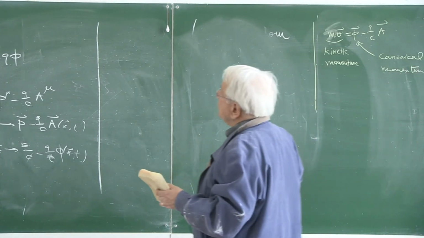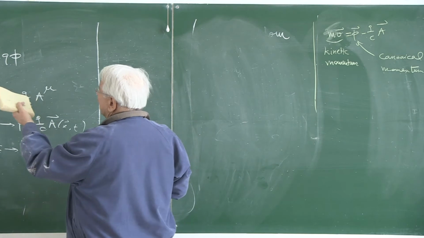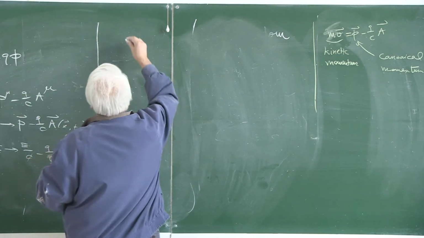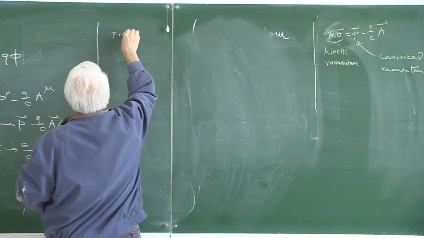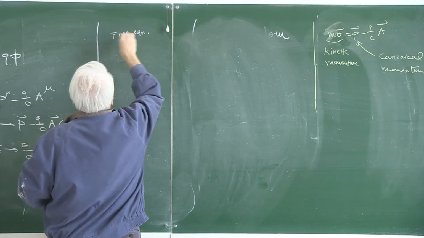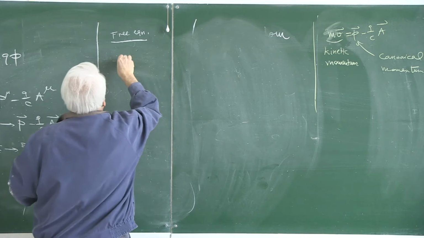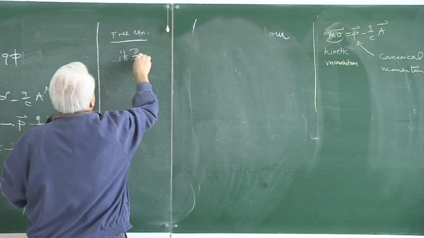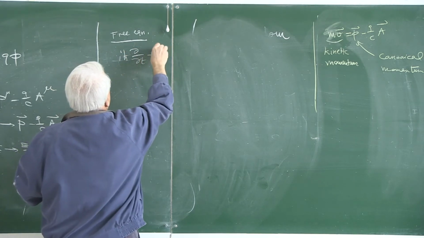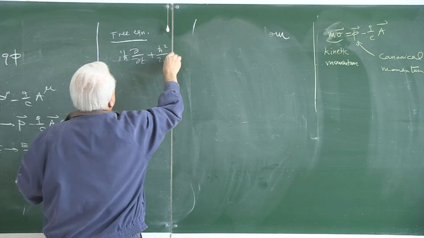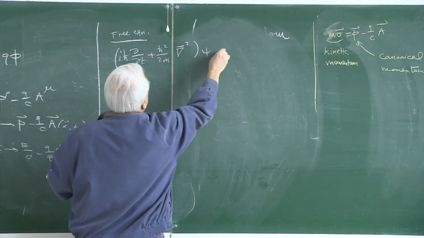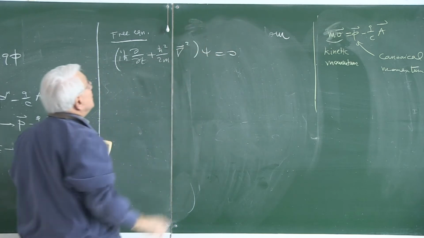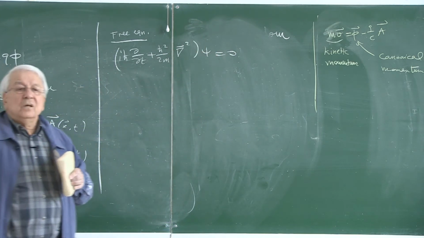Okay. So what is the equation? The simple free equation was I h bar d by dt plus h bar squared over 2m del squared on phi is equal to 0. I prefer to write it in this exotic way.